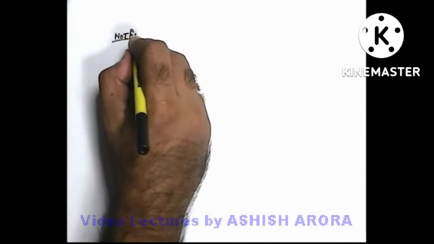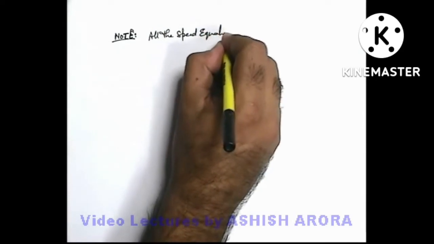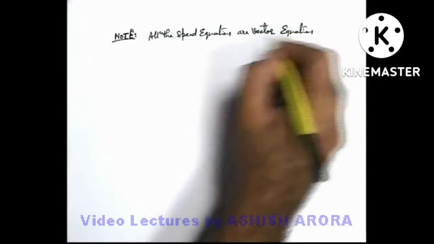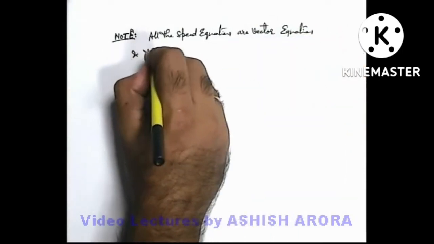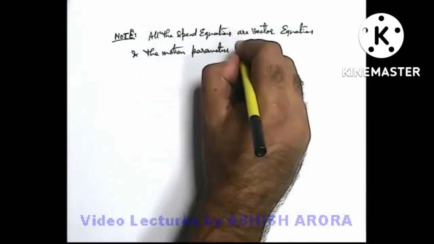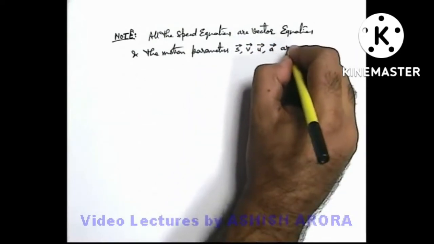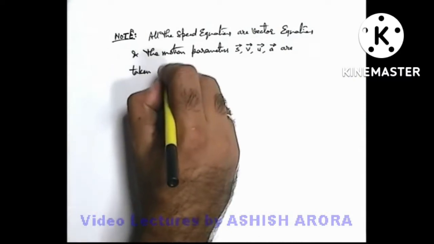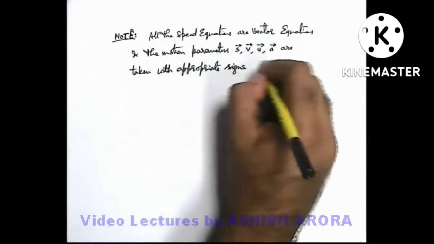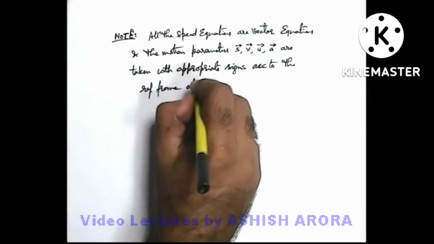In this note, we are going to write that all these speed equations are vector equations and the motion parameters like displacement, velocity, final velocity, initial velocity, acceleration are taken with appropriate signs according to the reference frame chosen.